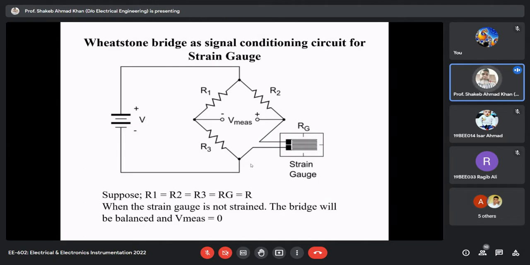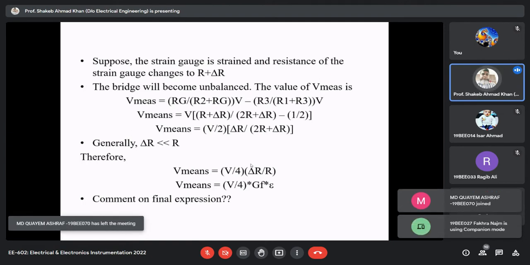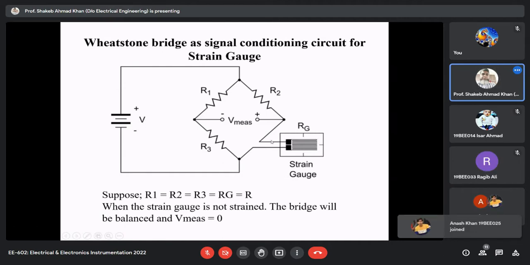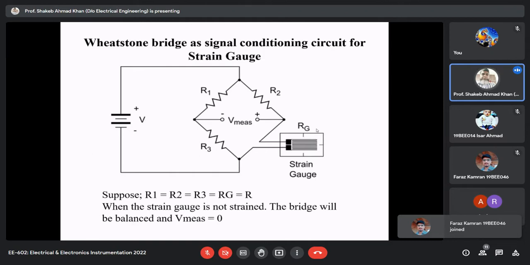Then I told you that it offers other advantages in the case of strain gauge. One of the pertinent issues in the case of strain gauge is temperature variation, and your response will vary as the resistance changes because of the temperature, as well as the resistance change because of the strain.